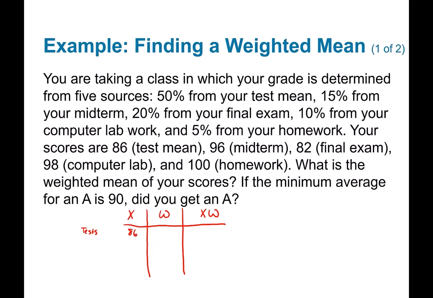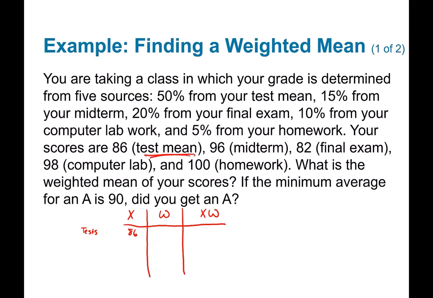So we have one test average. If you did not have only one test score, for example, then you would need to go in and calculate the average of those test scores before you could do the weighted mean. To do a weighted mean, you already need to have one mean value, or one score, to represent the whole group.